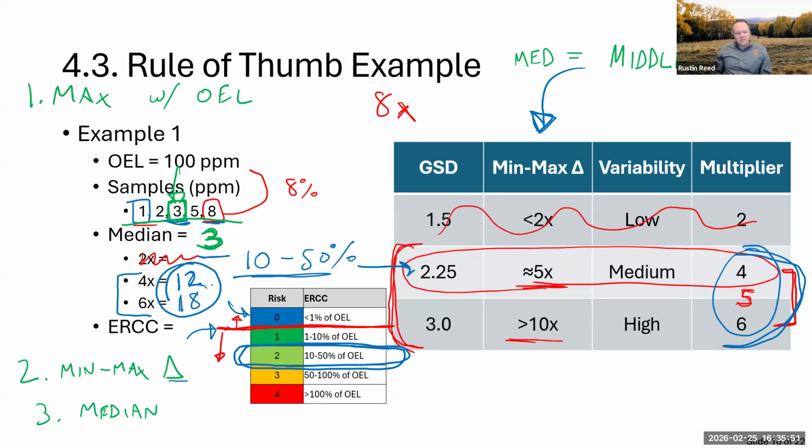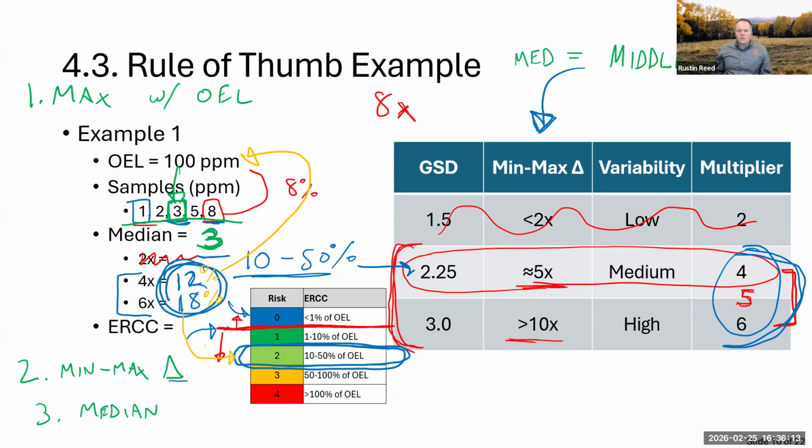And in this case, that last step, I'm comparing these with my OEL of 100 parts per million, and that's 12% and 18% of 100. So that's how I then arrive at that.